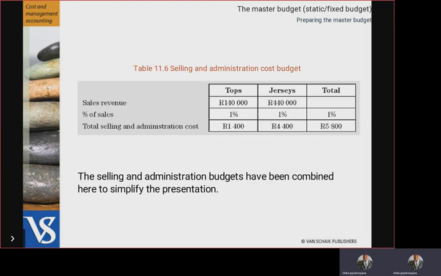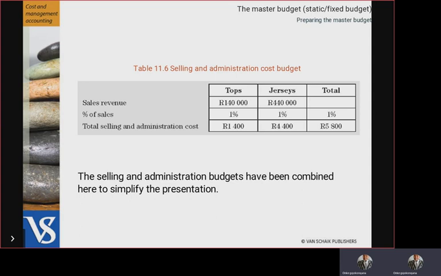Looking at that example on page 250, we started at 256. What was the story about the selling and admin budget? Looking at the information there, just before the requirement, they say the selling and admin cost amounts to 1% of sales.